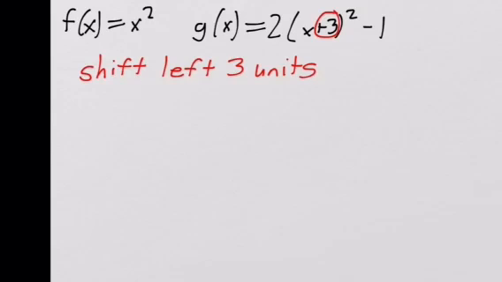Now the next thing we have, after we go ahead and apply the function here, so we added 3 to x and now we squared everything, now we're multiplying by 2.